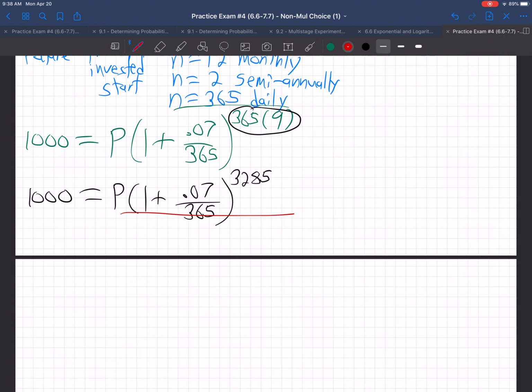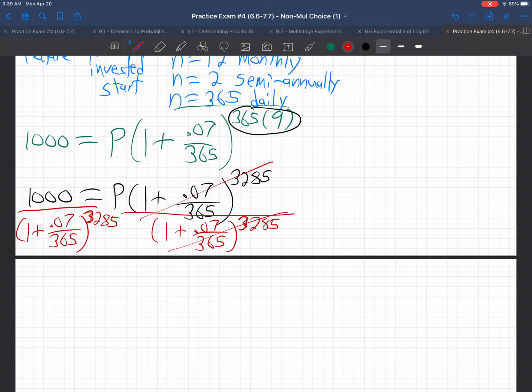We have to divide both sides by the same thing. Divide by 1 plus 0.07 over 365 to the 3285 power. Cancel, cancel.